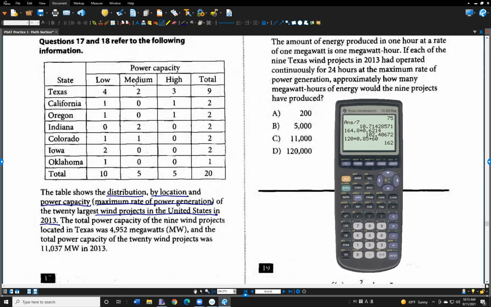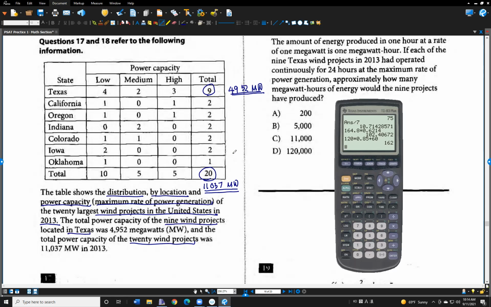Anyway, that is the power capacity, right? The total power capacity of the 9 wind projects located in Texas was 4,952 megawatts. They generate 4,952 megawatts, okay? So this is the power capacity of the 20 wind projects over here. Total will be 11,037 megawatts.